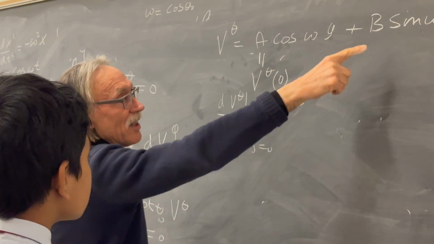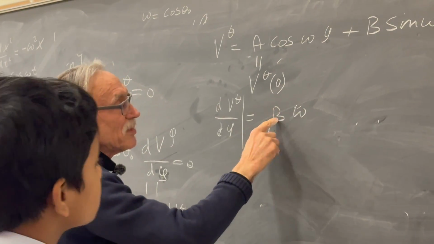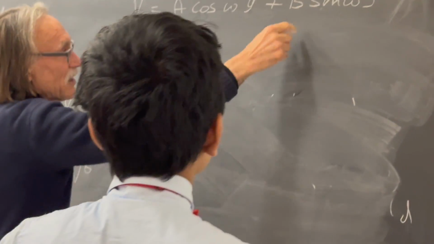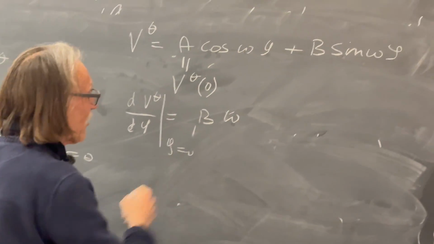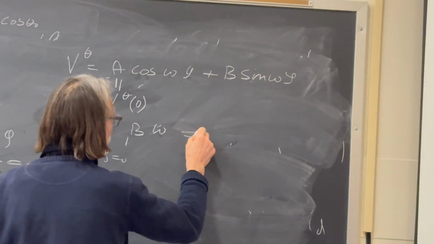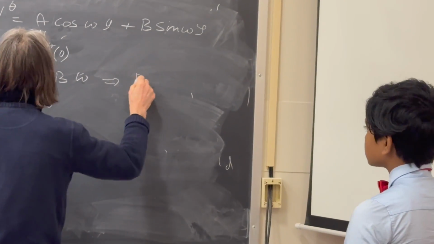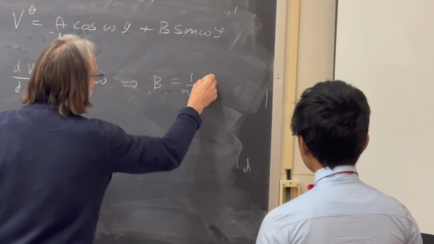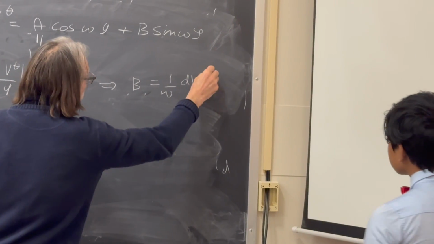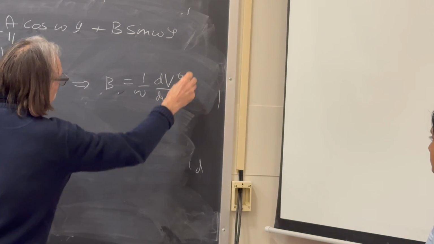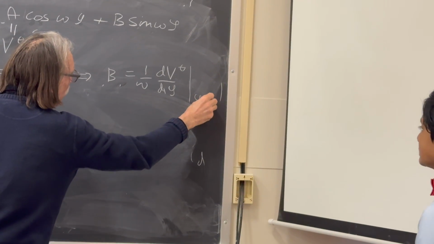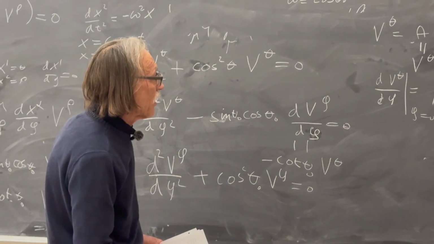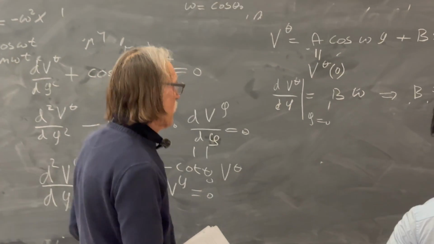That becomes a cosine, that is b times omega times a cosine of this. And the cosine at phi equal to 0 is equal to 0. So that means that b is equal to 1 over omega times d v theta d phi at phi equal to 0. But did I do that right? Yeah.